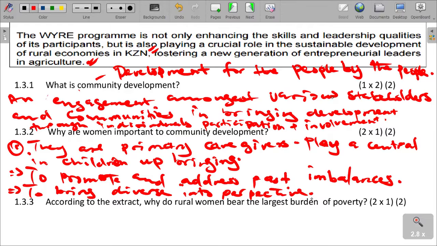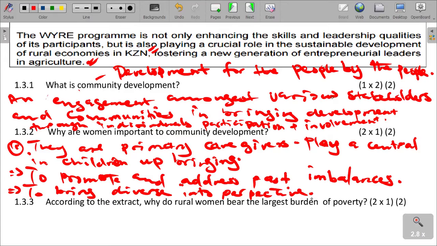Meaningful development, as it is being pushed, can be achieved by having gender equality.